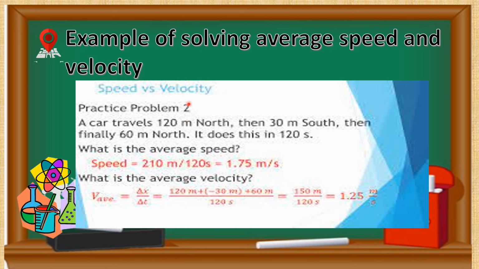Then it goes back again to the north, which is 60 meters. So how are we going to solve this? 120 meters north minus 30 meters south, then plus 60 meters north again. 120 minus 30 is 90. So 90 meters plus 60 meters equals 150 meters divided by 120 seconds. So the answer is 1.25 meters per second.